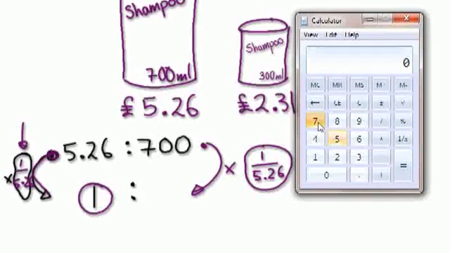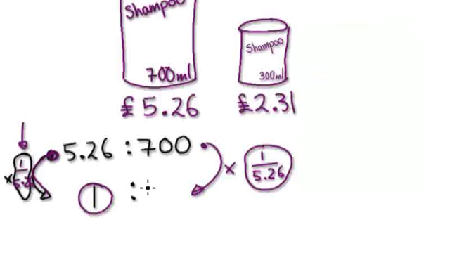Now start at 700, and then you times 1 because it gets multiplied to the top, and then you divide it by 5.26. Okay, bear with me, it will make sense later on. So this bit here will be 133.08.